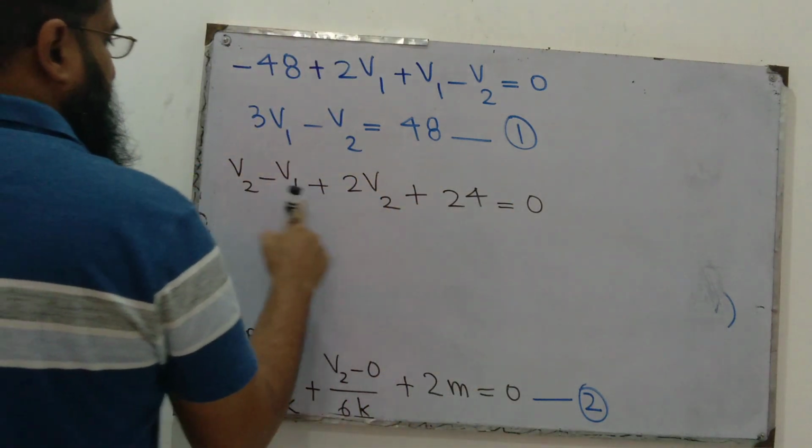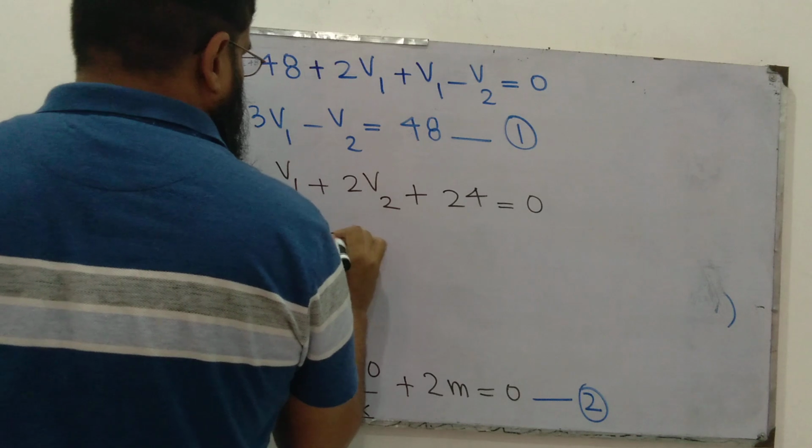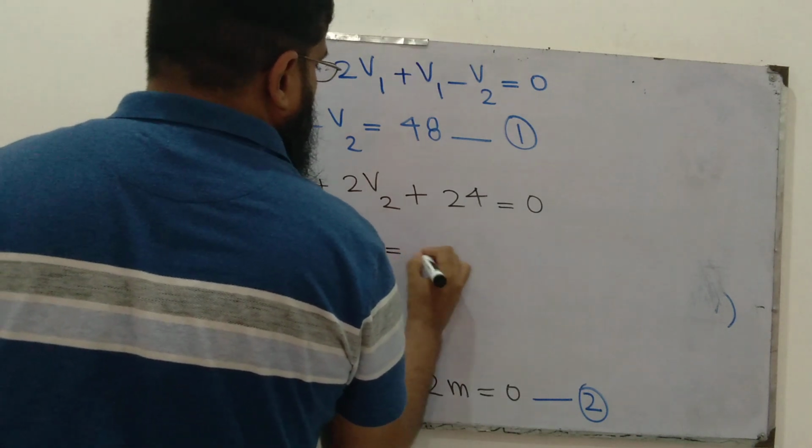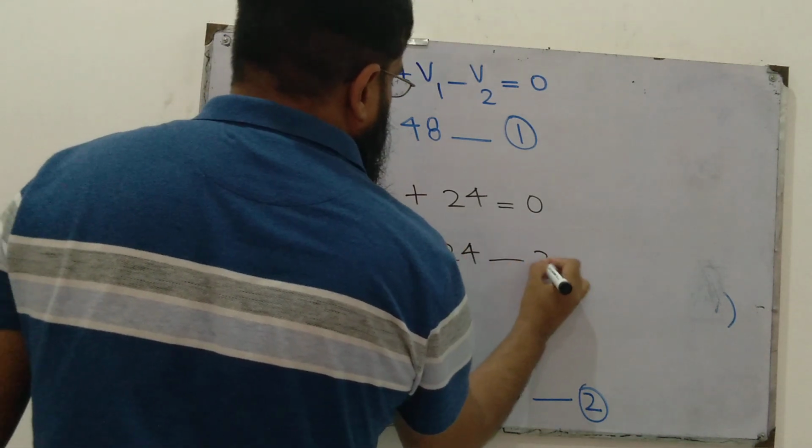So V2 minus V1 plus 3V2 is equal to minus 24.